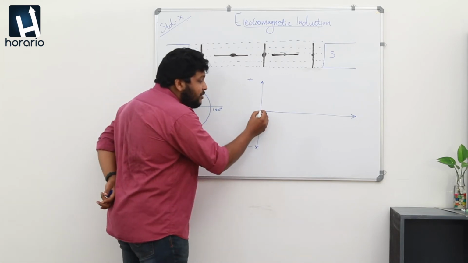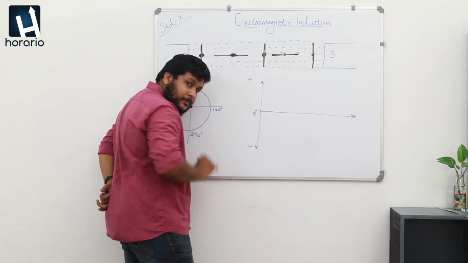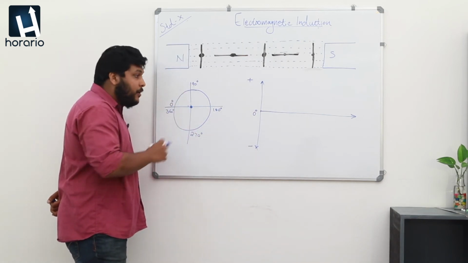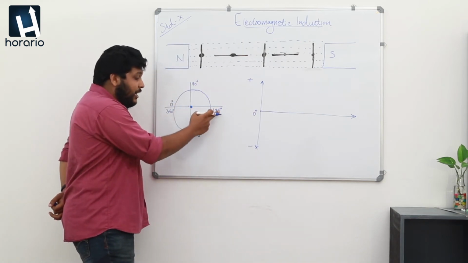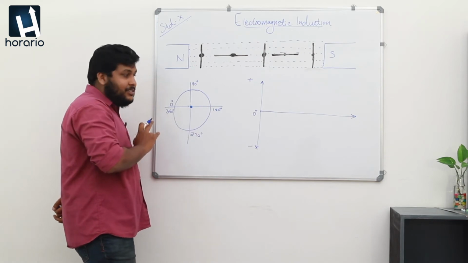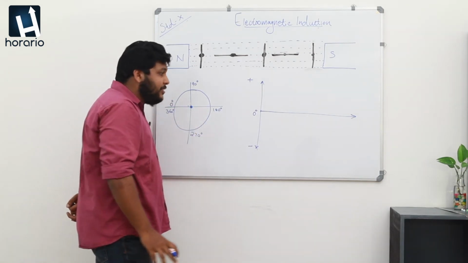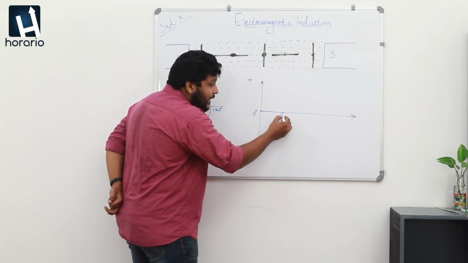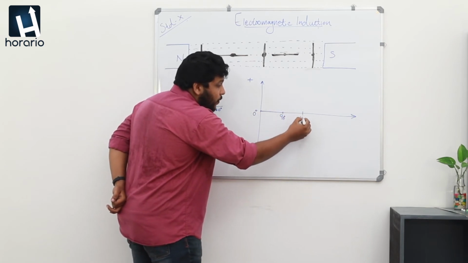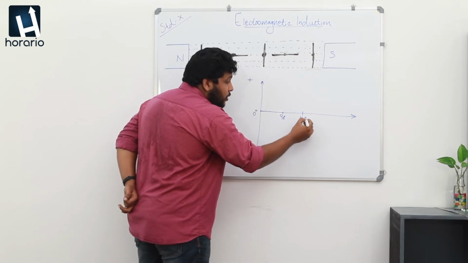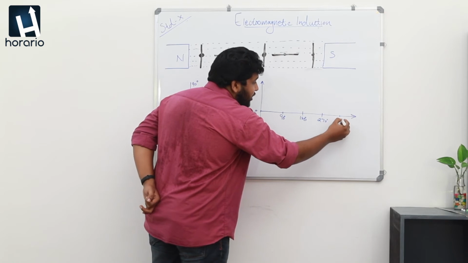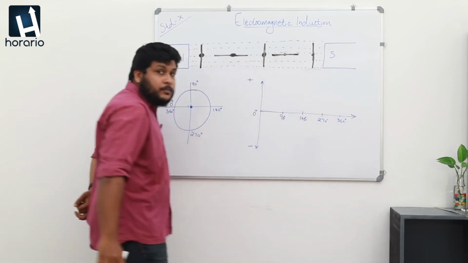For that, I am starting from 0 degree. How do the angular intervals change? 0, 90, 180, 270 and 360. I am drawing that on this line: starting from 0, reaching 90 degree, then 180 degree, then 270 degree, and at last finishing at 360 degree.